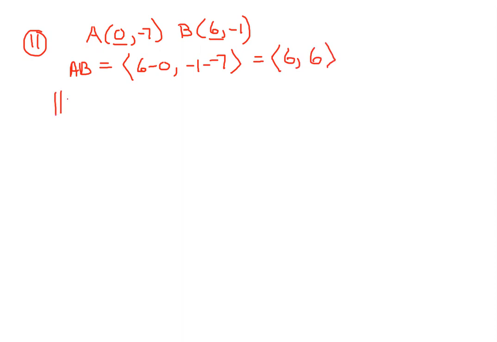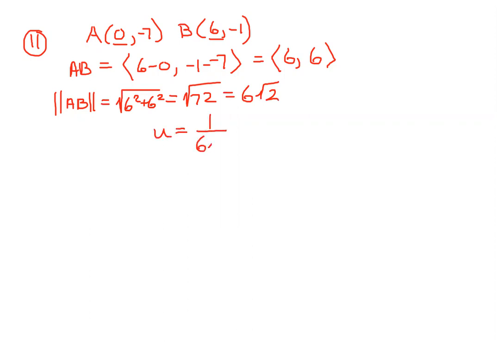And our magnitude is the square root of 6 squared plus 6 squared, which equals the square root of 72, which equals 6 times the square root of 2. So our unit vector is 1 over 6 times the square root of 2 times (6, 6), which equals (1 over the square root of 2, 1 over the square root of 2), or (square root of 2 over 2, square root of 2 over 2).